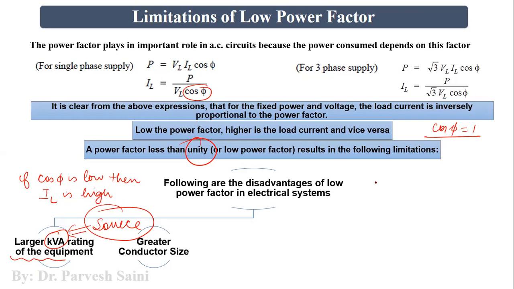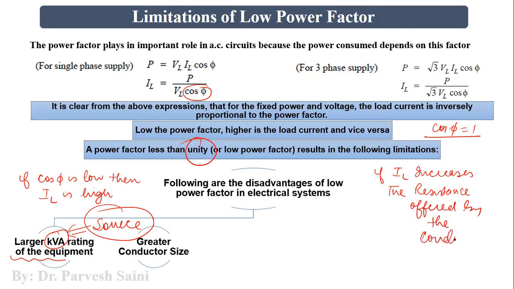Now, if IL increases, the resistance offered by the conductor must be low.